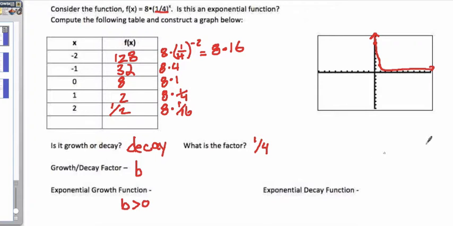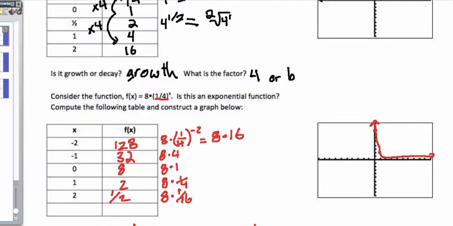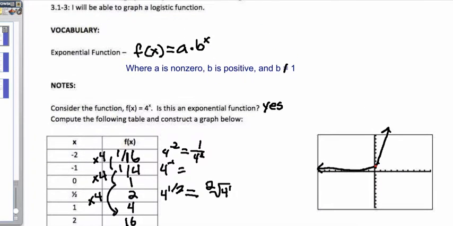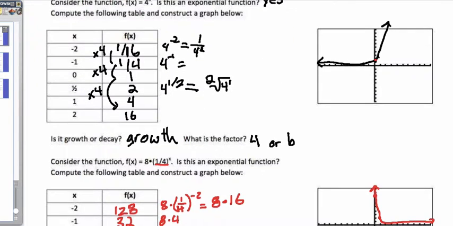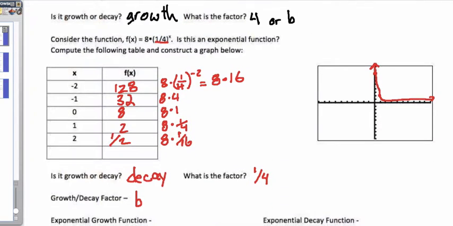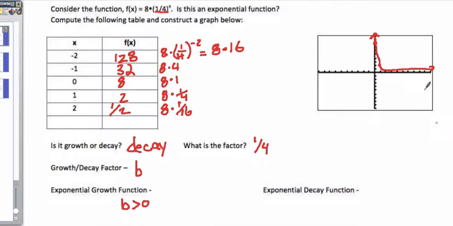As opposed to if the b is negative, right? Because up here we say that b is positive. So it's not if the b is negative, but it's actually if the b is a fraction between 0 and 1. So you see we had a fraction here between 0 and 1. So this fraction caused this to be a decay function. So the b is greater than 0, but less than 1.